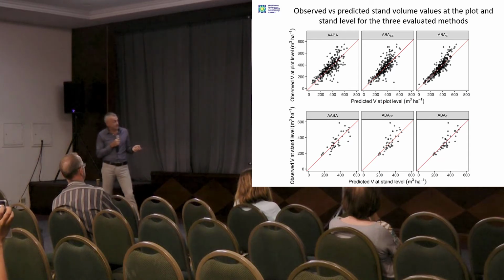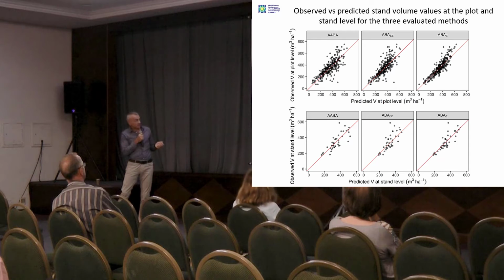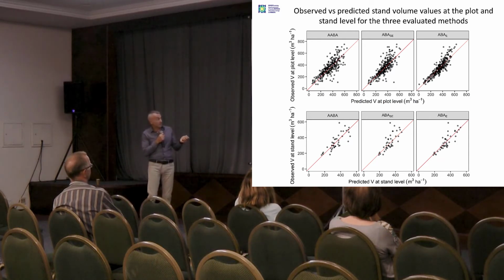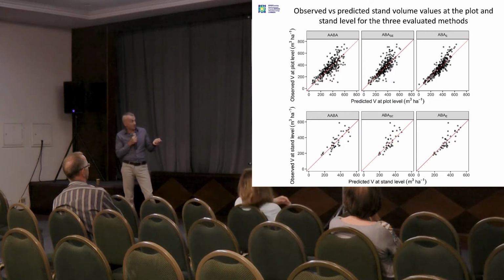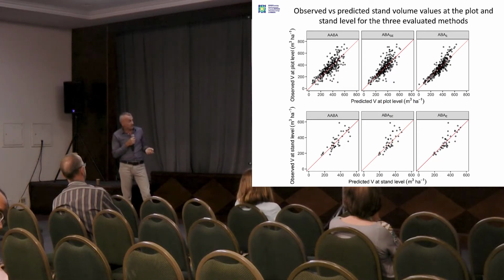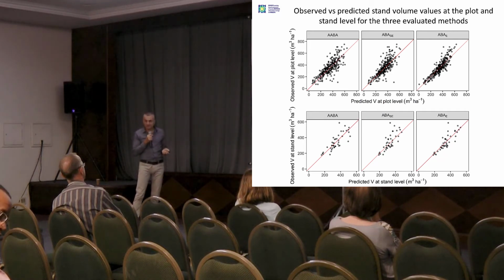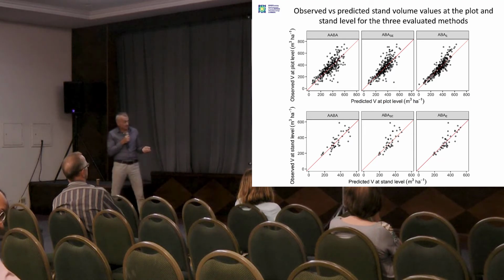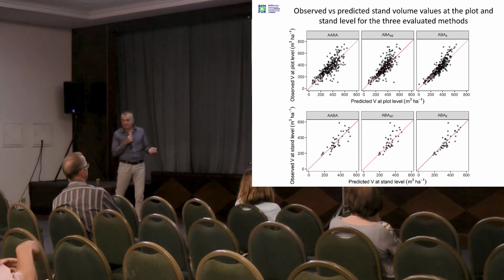In the case of sample plots, the variation of residuals is higher for the allometric area-based approach than for the standard method. But if we compare the results for the whole stands, these differences are definitely smaller.